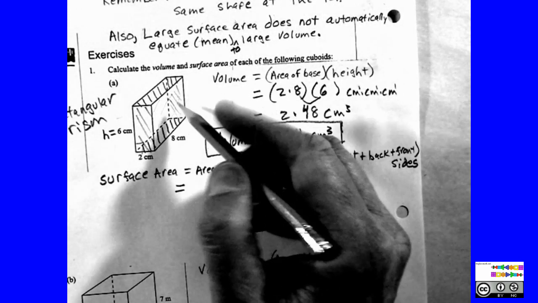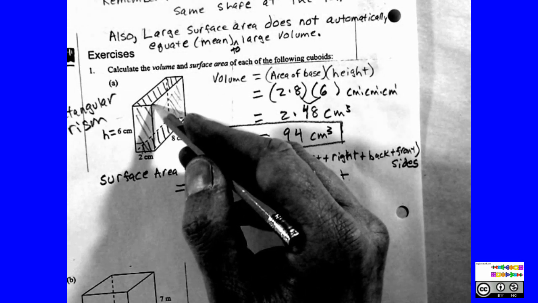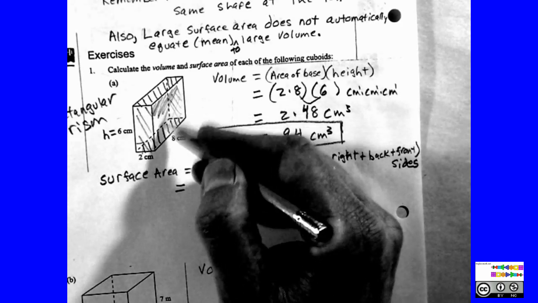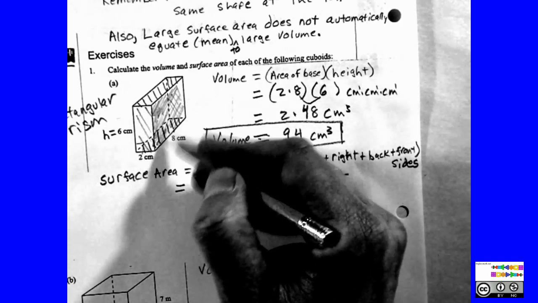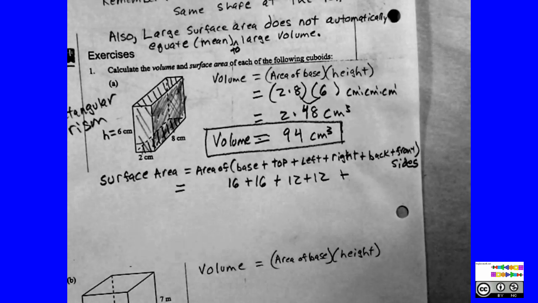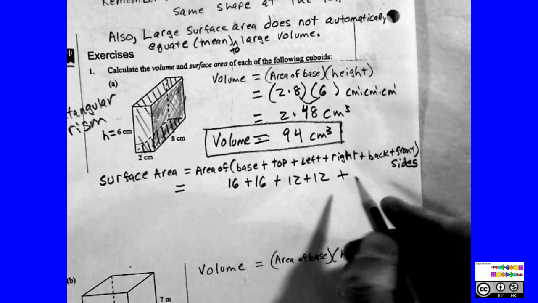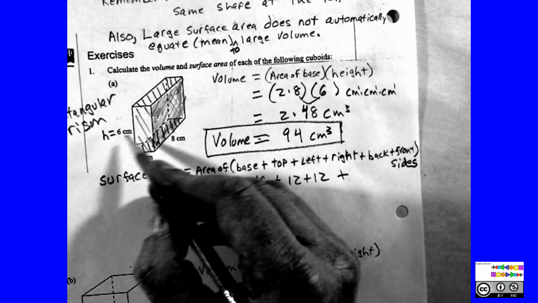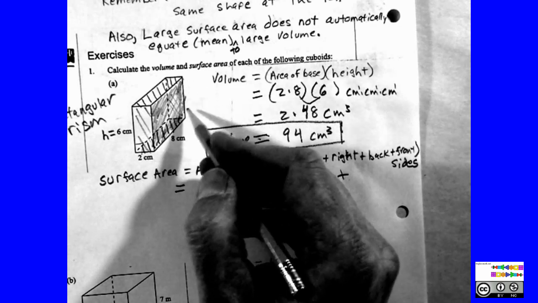Maybe the back is this big one here, or the front is that big one, and the back is the same. So let's see here, that is 8 times 6.